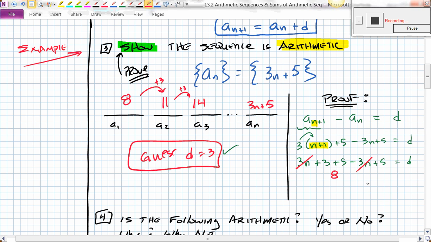And then, oh, look at that. I forgot to do the distributive property. Minus 5 right there. Yikes, don't forget to do that. So I've got negative 3n minus 5. So 8 minus 5 gives me 3. There we go. So that matches with my common difference. That right there is the proof that shows that this arithmetic sequence has a common difference of 3. Don't forget your distributive property there.